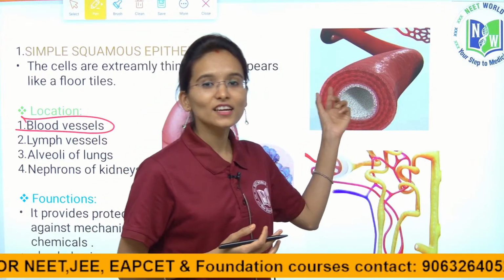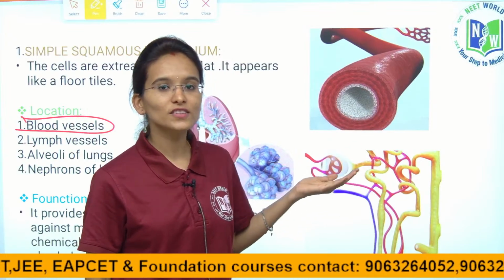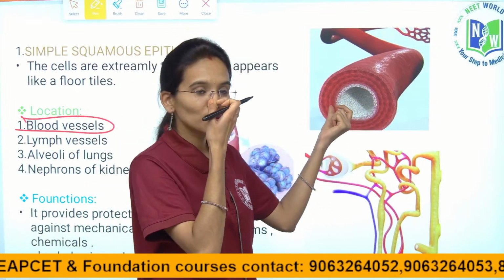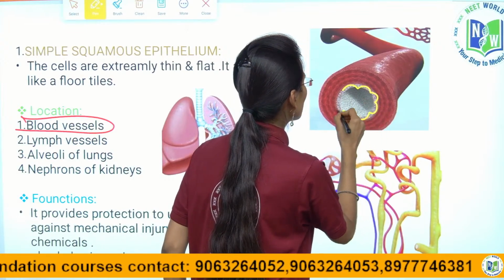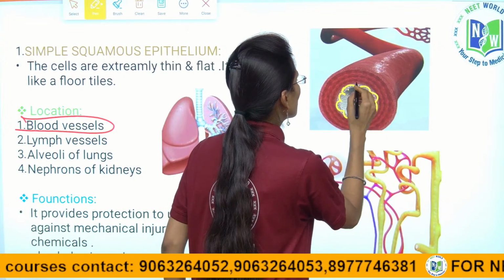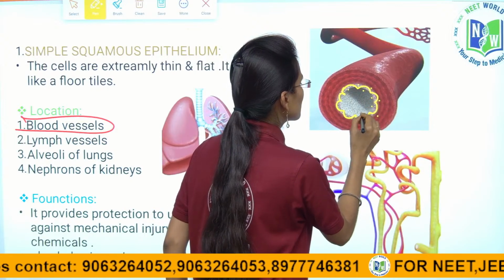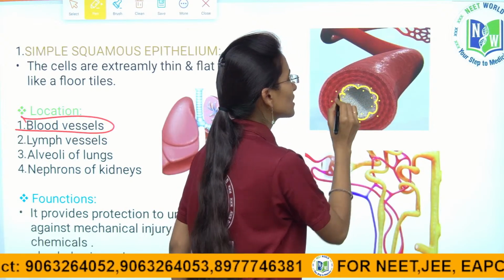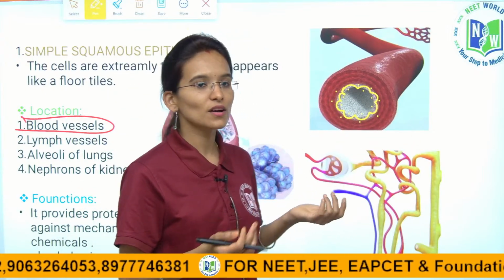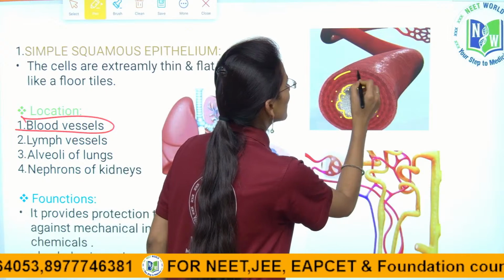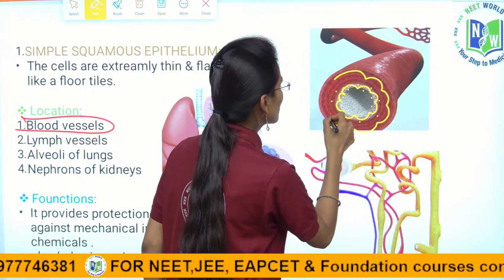Why is only a single layer of cells present in this particular blood vessel? Because it is involved in the exchange and transport of oxygen and everything from this vessel, hence it is arranged only with simple squamous epithelium. So, entirely it is going to be covered with only a single layer of cells.